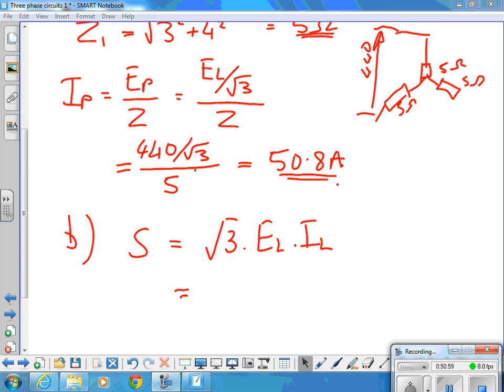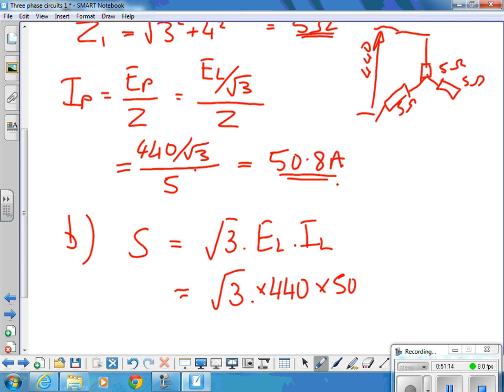You look. Still big. What is it now? Sorry? 38,000 kVA.